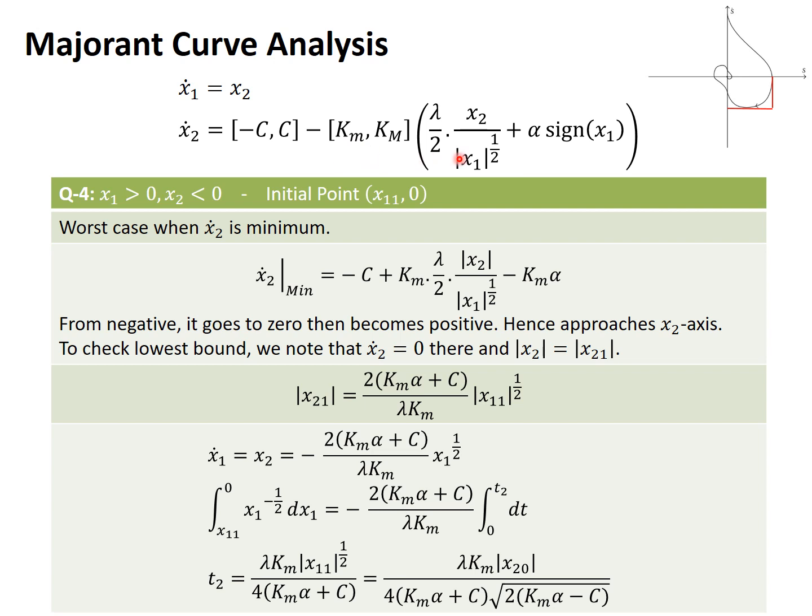Then here what we are doing, you see, we look here, this x2 is negative, correct. So, a negative sign can come out and this will become a modulus. Now, that means a plus sign is coming here.